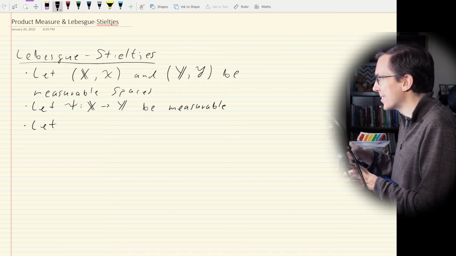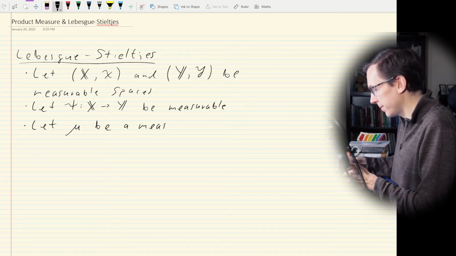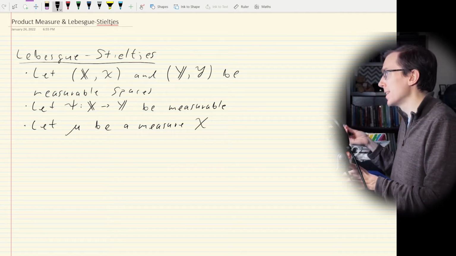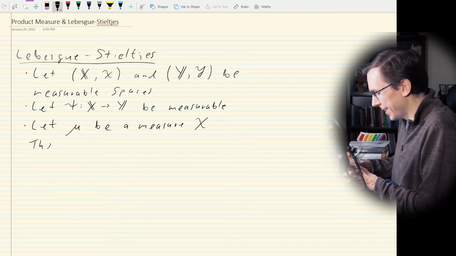See how many times "let" shows up in a math book? Let mu be a measure on script X, which is the sigma field; measures are on sigma fields. Then finally we get somewhere.